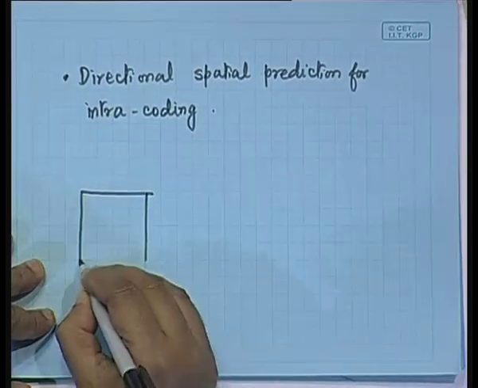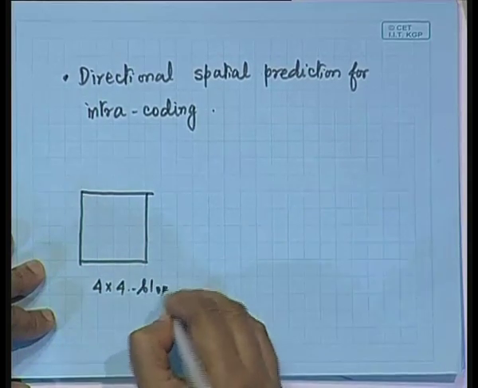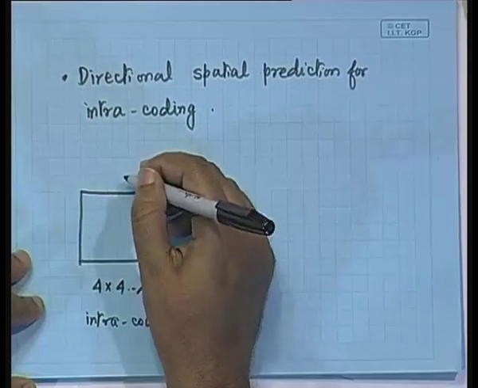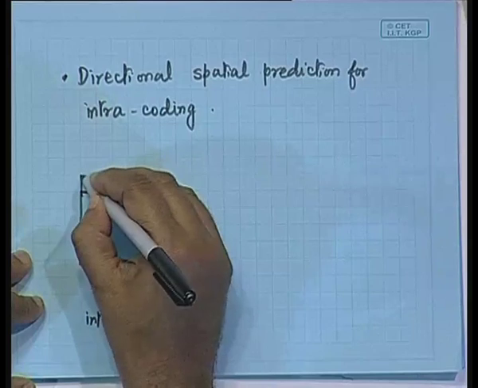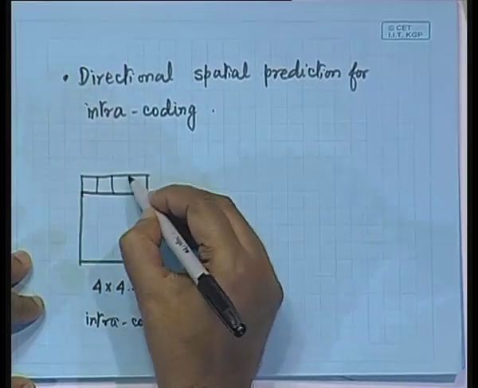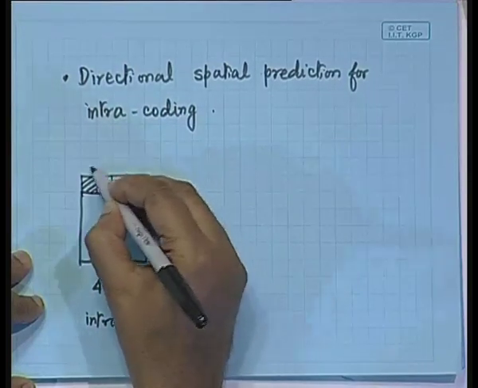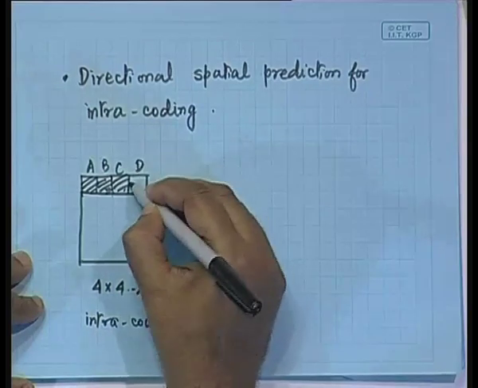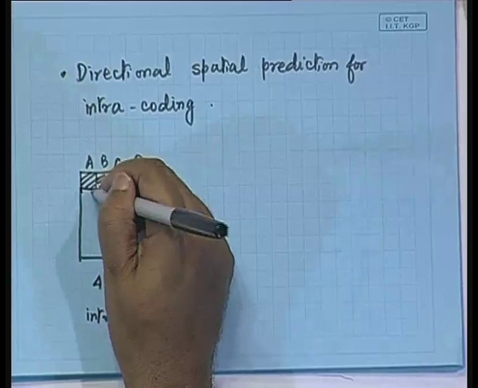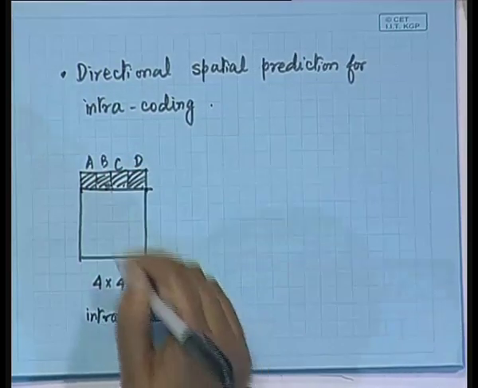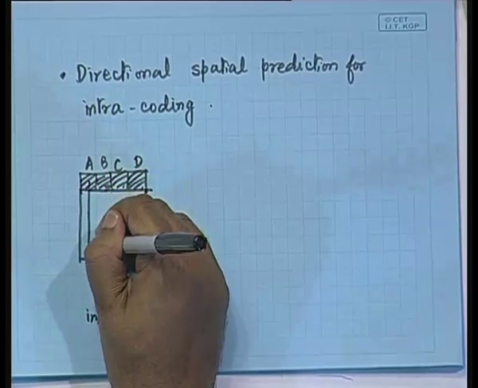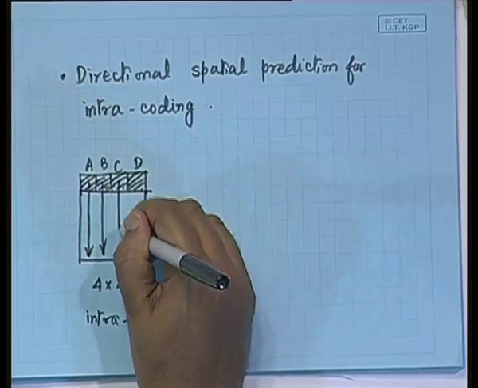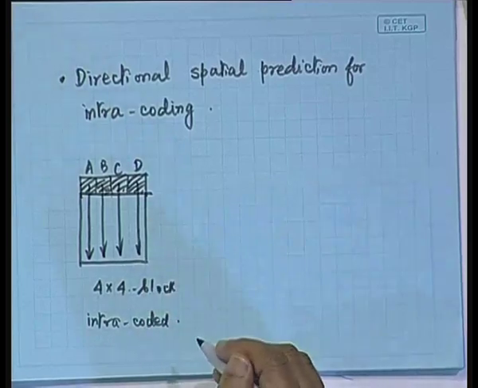like this, which is to be intra predicted, to be intra coded. One way is to take the 4 pixels immediately on top of this block: pixel A, the pixel B just above this, the pixel C just above this, and the pixel D. I can use these 4 pixels A, B, C and D to predict this intra-coded block by copying A's intensity values into all these 4 positions, B into all these 4, C into all these 4, and D into all these 4.